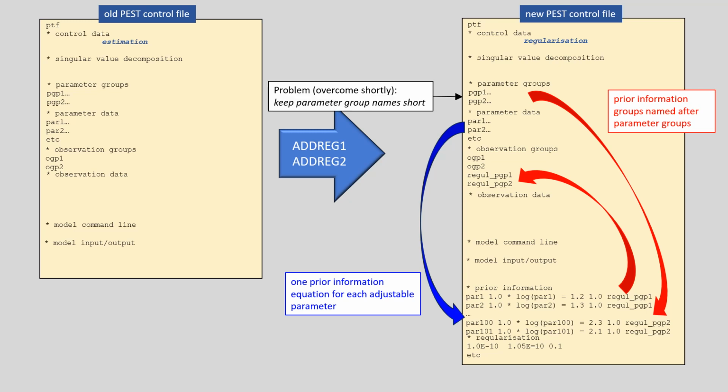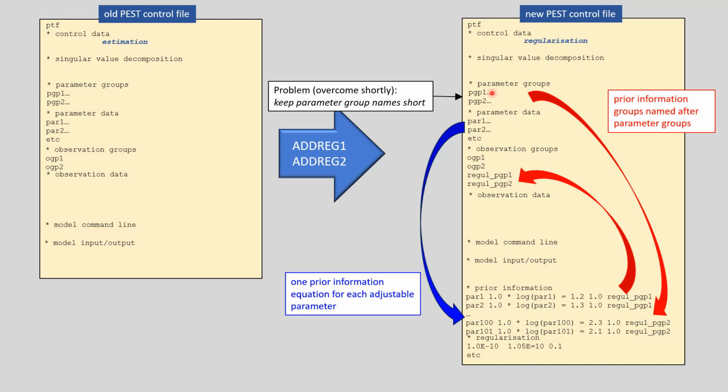Now this is convenient but a little problematic. It means that ideally you should keep your parameter group names down to 6 characters in length. Recall, observation group names can only be 12 characters. If you add REGUL underscore to the front, then the observation group name will be truncated and you'll lose characters at the end here.